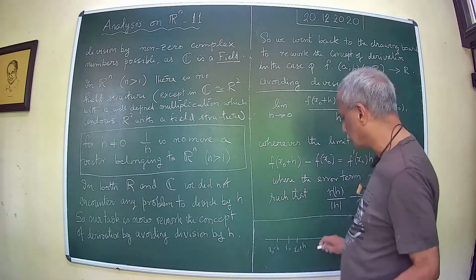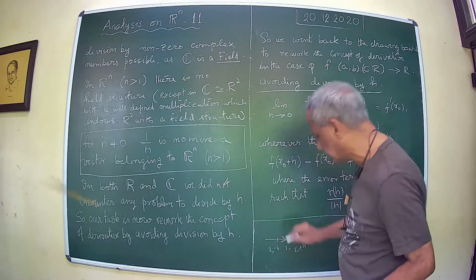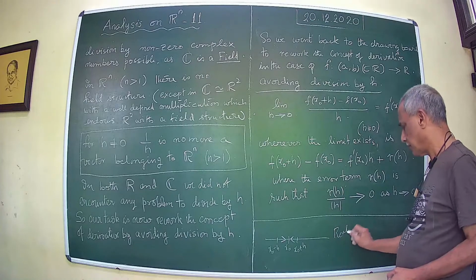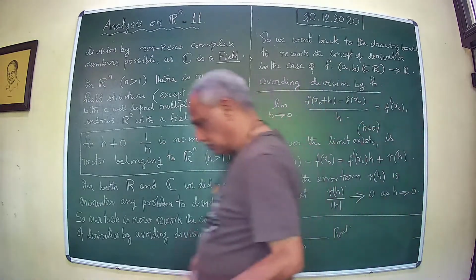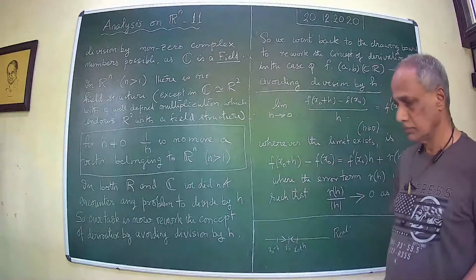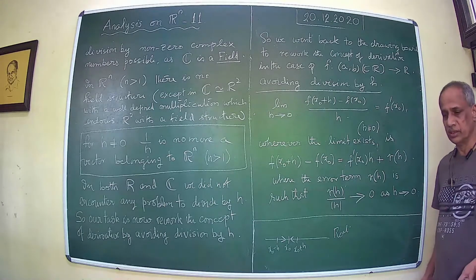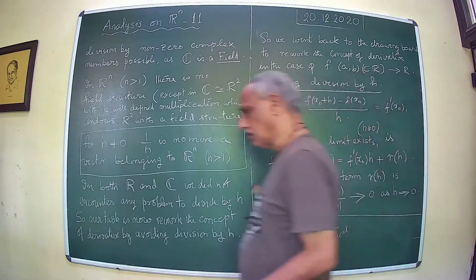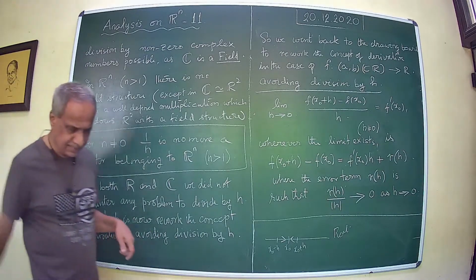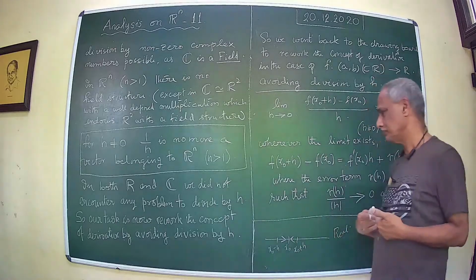When h goes to 0, you are moving towards x naught either in this direction or in this direction. So this is the real case. Whenever you write limit h tending to 0, it means you are allowing h to go to 0 from the right or from the left. There are only two directions. And the demand is that the limit exists for these two limits and they are the same.